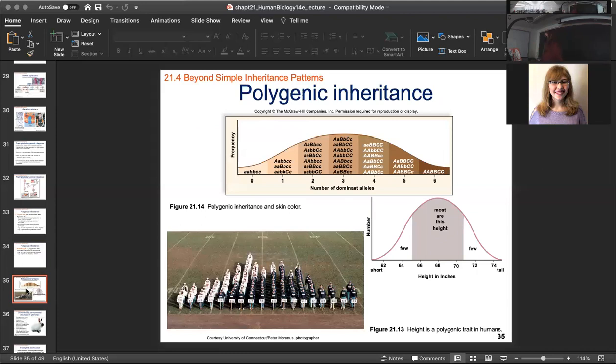So here's a really cool diagram. I think it's pretty cool. It's a way to think of this polygenetic inheritance, okay? The top one there is an example of skin color. Now, it doesn't mean that every skin color falls into this graph by any means.